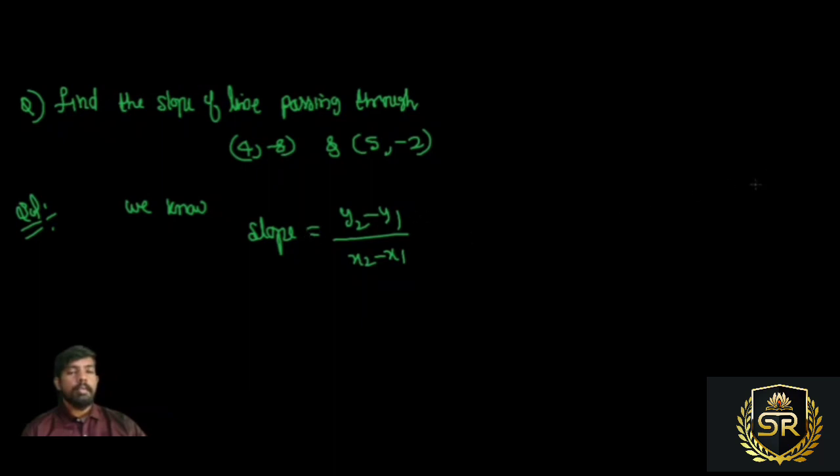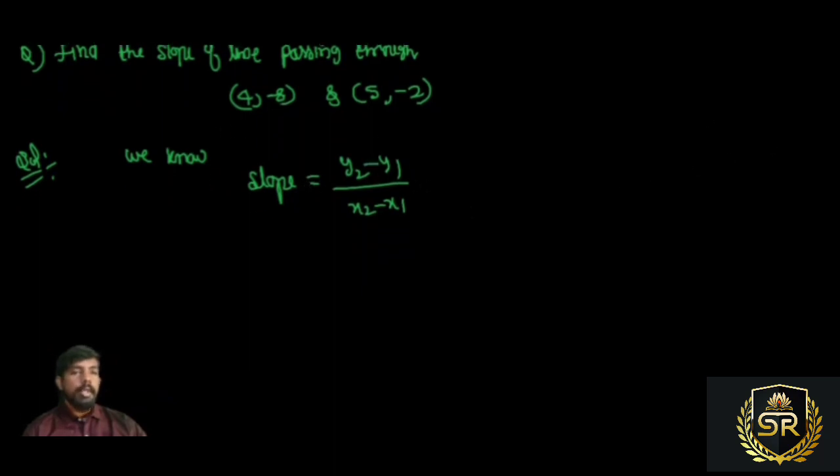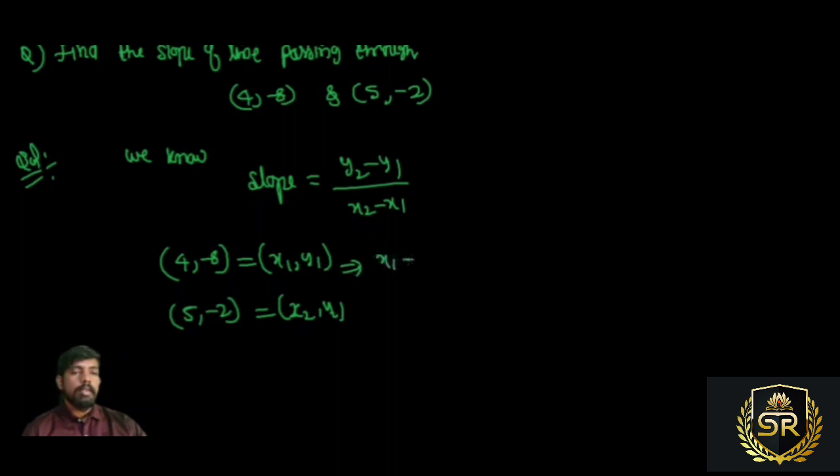The given points are 4, minus 8, let us say this is x1, y1, and this is 5, minus 2, consider as x2, y2. So x1 is equal to 4, y1 is equal to minus 8, x2 is equal to 5, y2 is equal to minus 2.